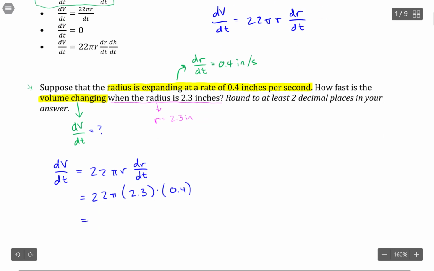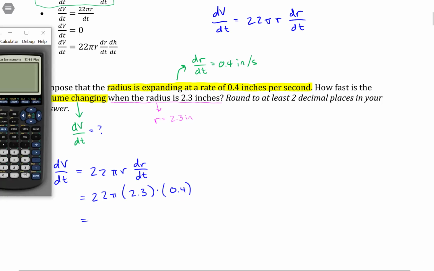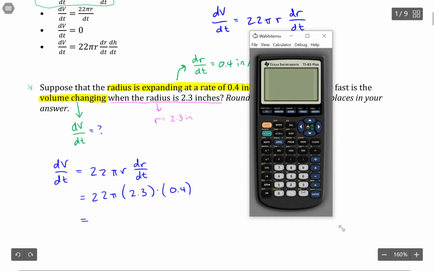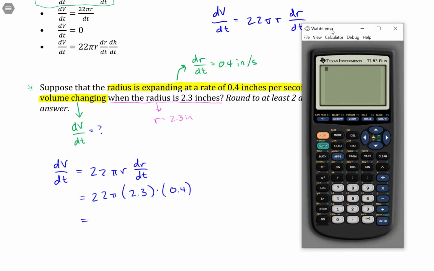So this would be solved. We can just use the calculator in order to get an approximation. That's perfectly fine. Let me make that a little bit larger here. So 22 times pi times 2.3 times 0.4, and that would be 63.59.